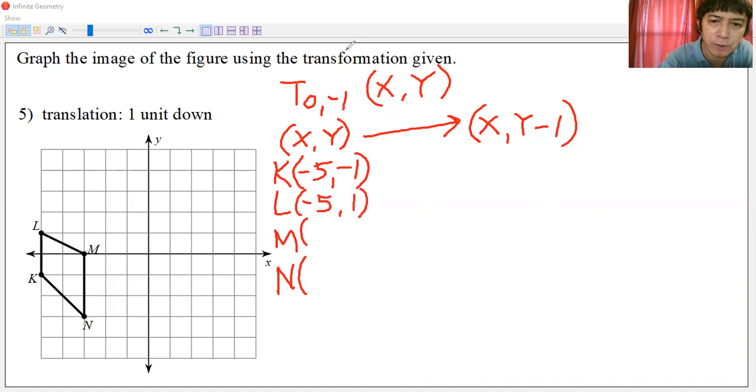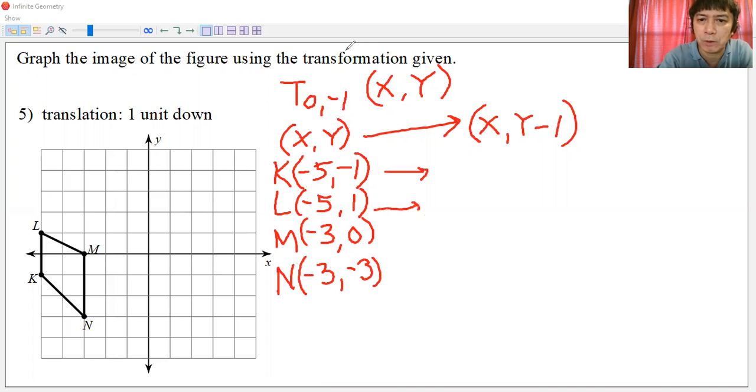Our M is -3, 0. And then our fourth and last point is in the third quadrant: -3, -3. There.